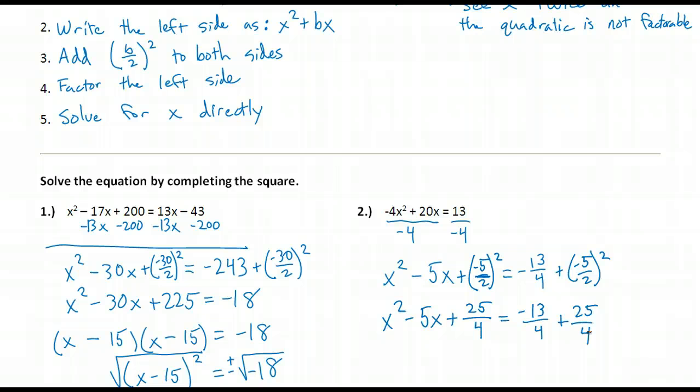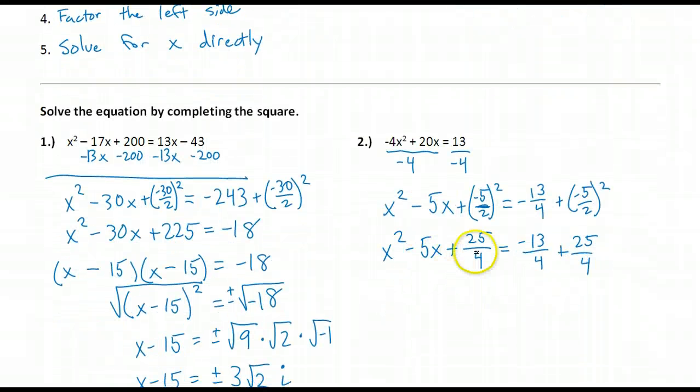Now I can factor the left side. X and x. And I need two things that multiply together to give me 25/4. Well, 25/4 is kind of like a perfect square, because 25/4 is 5/2 times 5/2. 5/2 times 5/2 is 5 times 5, 25, over 2 times 2, 4.